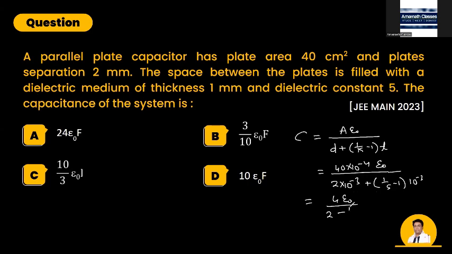If we take the LCM, 20 epsilon naught over 6. Divide by 2, that is 10 epsilon naught by 3. C is the correct answer. Excellent, you are correct. Thank you. So let me try another question.